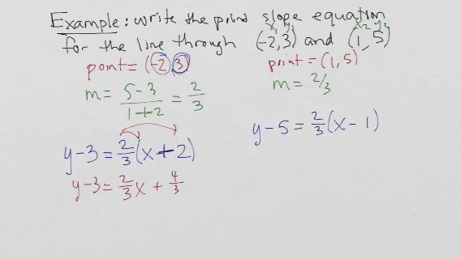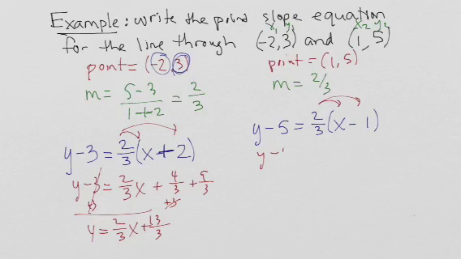And then I would want to add 3 on both sides to get this into slope-intercept form. And that would give me 2/3 x, and then 4/3 plus 3, I'd make the 3 into a common denominator, 9/3, that would give me 13/3. Not pretty.